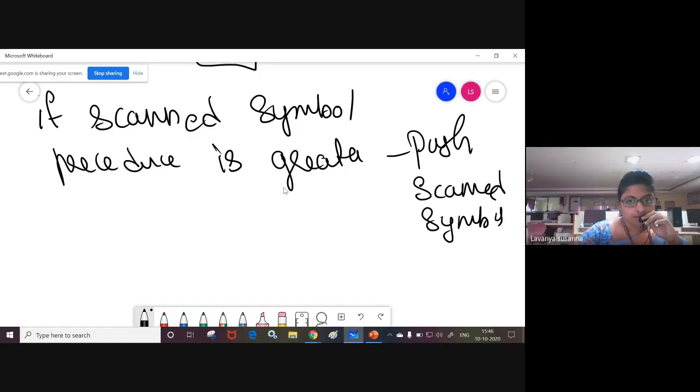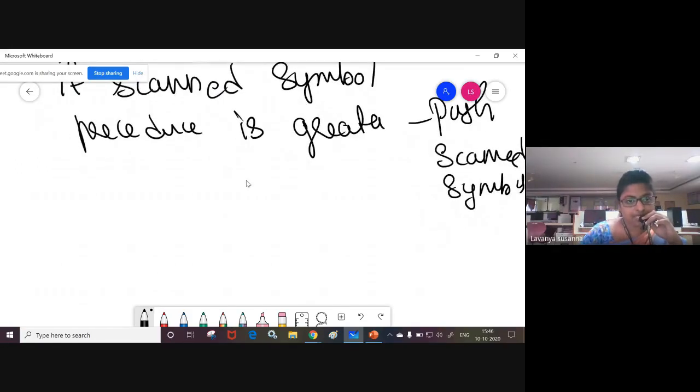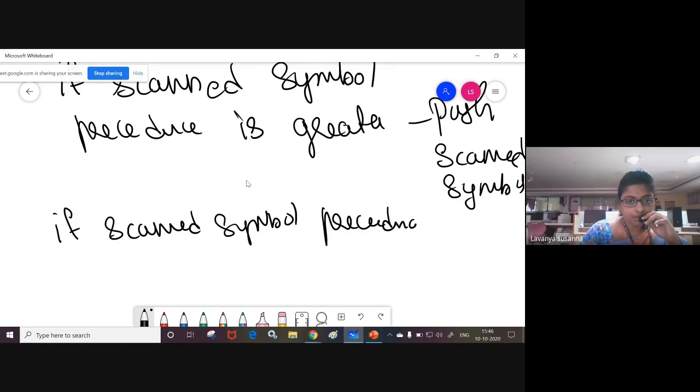Or if the scanned symbol precedence is less, you need to pop.